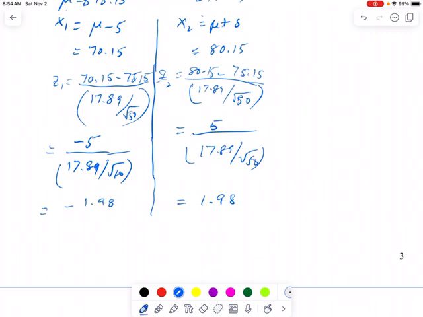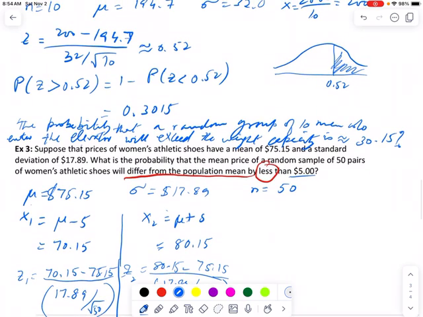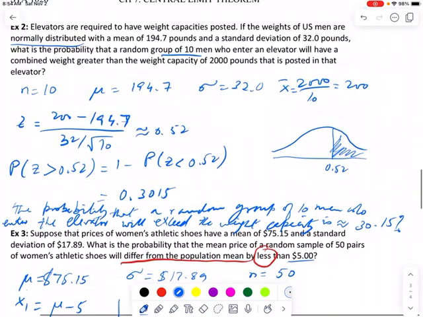So I did this example like this, finding 2 x values and finding the z's for each of those x values, and then we go on from there and see what our area is going to be. But I will show you a quicker method, which is less writing, less computation. So what are we trying to find here?